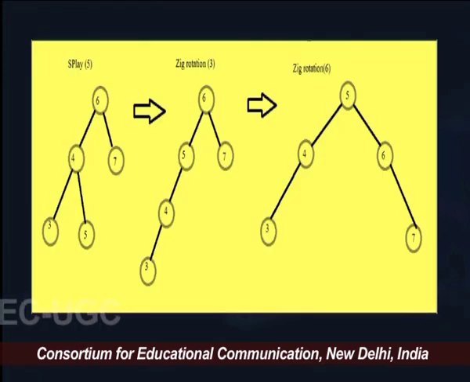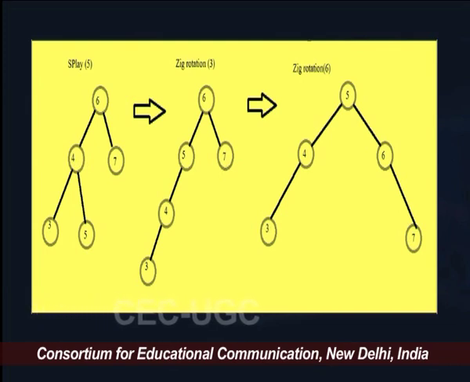Here we have a tree which has 6 as its root node, with 4 and 7 as left and right child respectively. For 4, 3 and 5 are the left and right child, and we are doing this zag zig rotation on 5, which we commonly know as Splay 5.